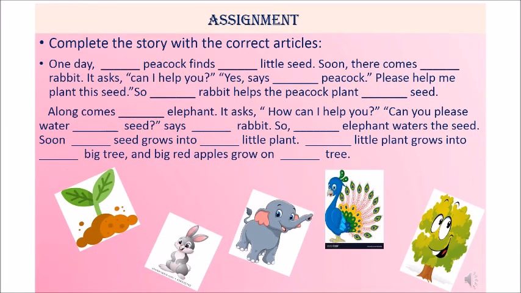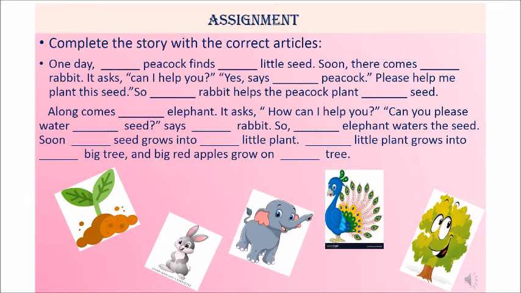Along comes dash elephant. It asks, "How can I help you?" "Can you please water dash seed?" says dash rabbit. So dash elephant waters the seed. Soon dash seed grows into dash little plant. Dash little plant grows into dash big tree, and big red apples grow on dash tree.